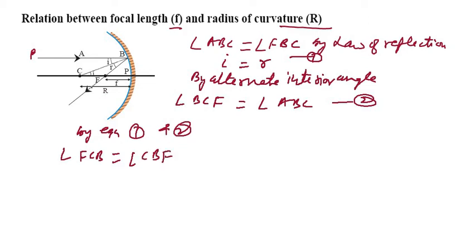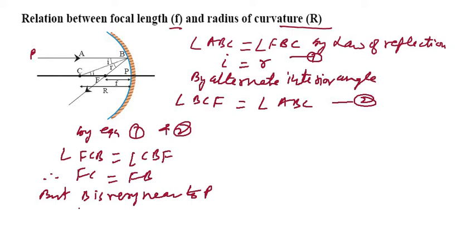So it is an isosceles triangle. That means CF is equal to FB. But B is very near to P, so we can say FB is equal to FP. Now calculate PC.